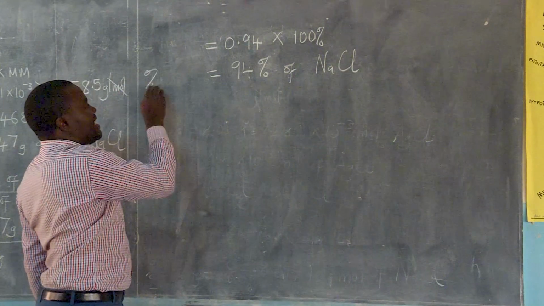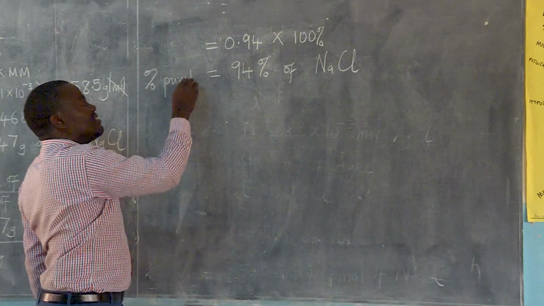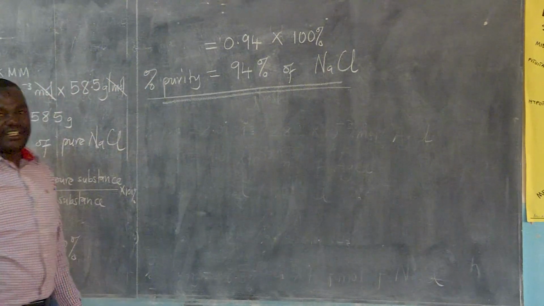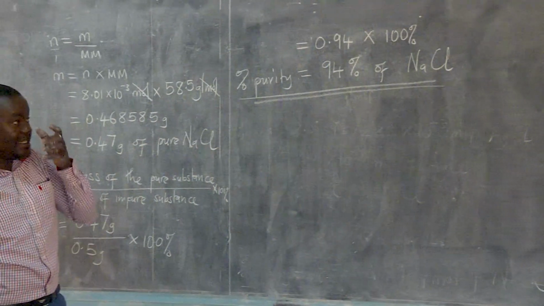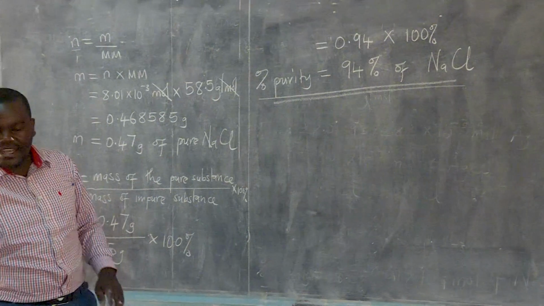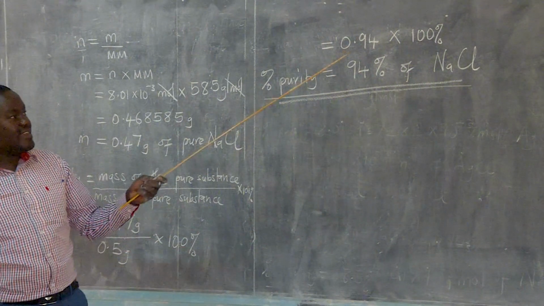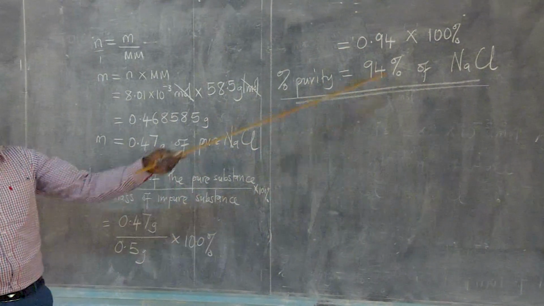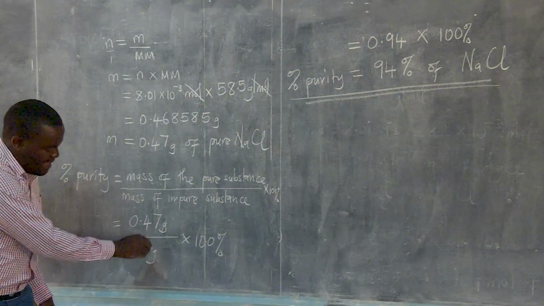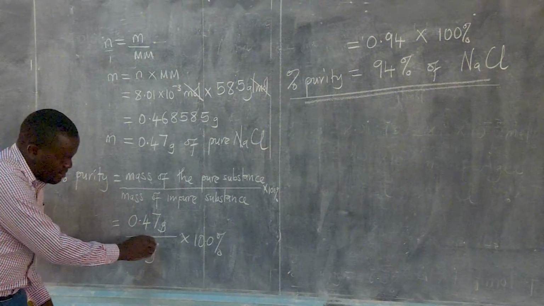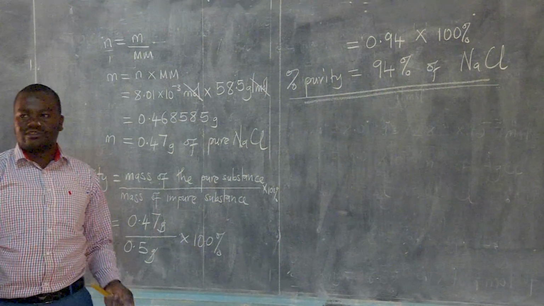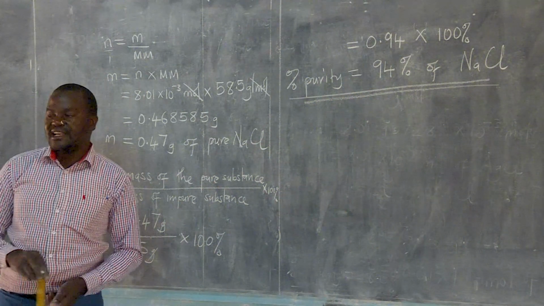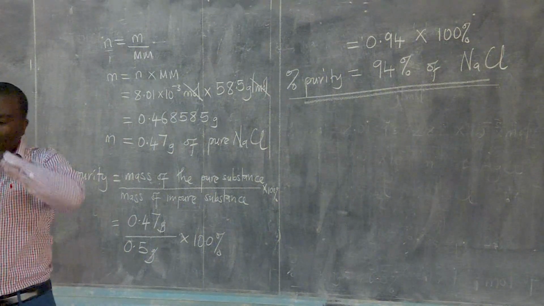So the percentage purity is equal to 94% of sodium chloride. I know some people might be asking why this 0.94 has no units. It has no units because the gram there and that gram, these two cancel out. So this was easy, the percentage purity for sodium chloride.